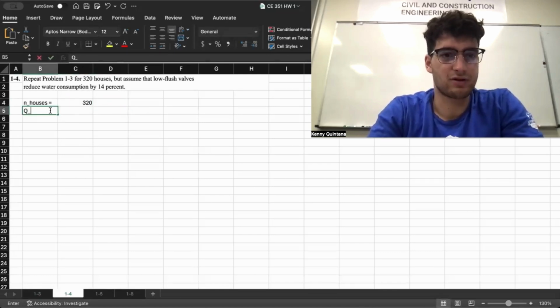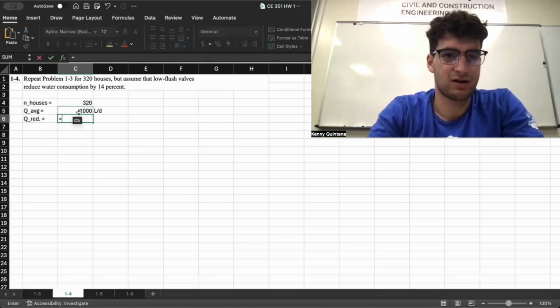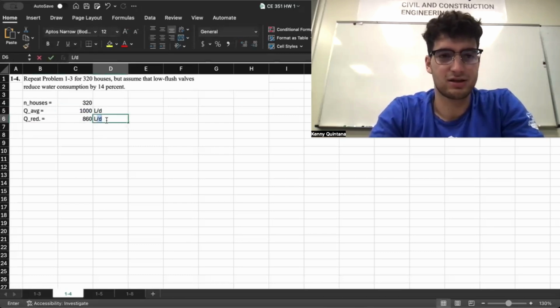And our average demand is still 1,000 liters per day, but we're going to have a reduced demand because of these low flush valves. So that's going to be our average demand times 1 minus 0.14. The 1 is 100%, 0.14, 14%. So 860 liters per day.